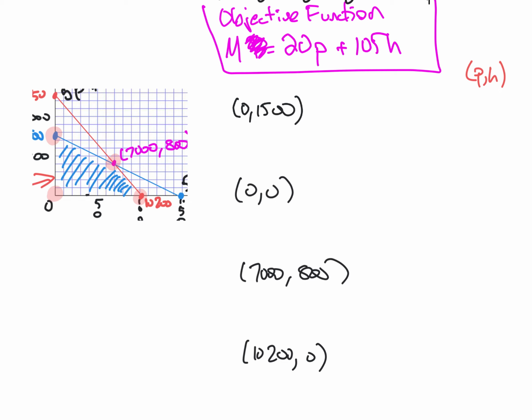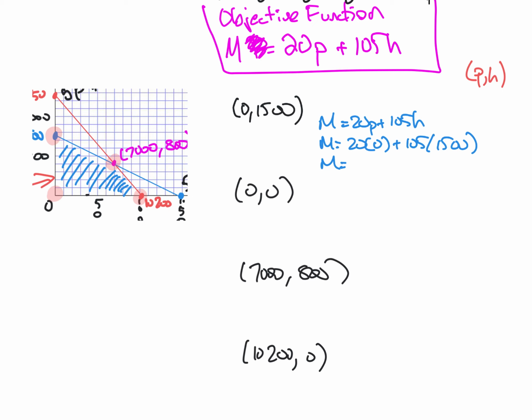So we'll start off with the first one. M is equal to 20p plus 105h. So that's 20 times 0 plus 105 times 1,500. Obviously we don't have to worry about 20 times 0.